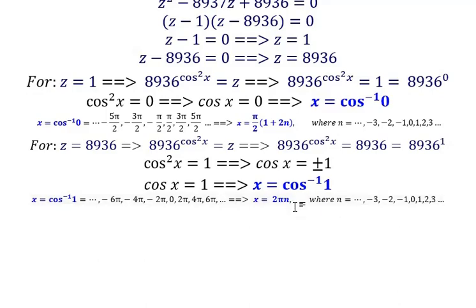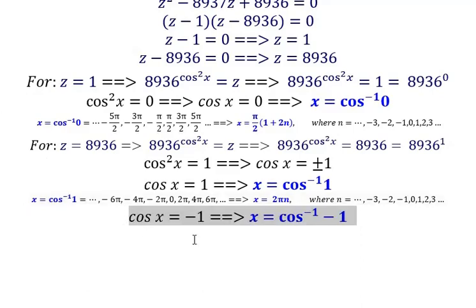That is x equals 2 pi n, where n is any integer from negative infinity to infinity. When n is 0, it is 0. When n is 1, it is 2 pi. When n is 2, it is 4 pi, and so on. When n is minus 1, it is minus 2 pi, and so on. So that's the second solution.